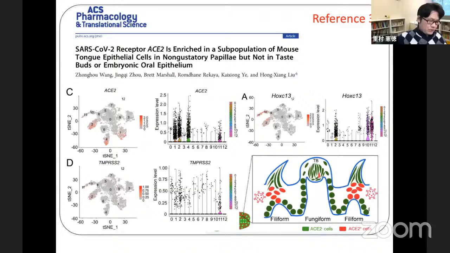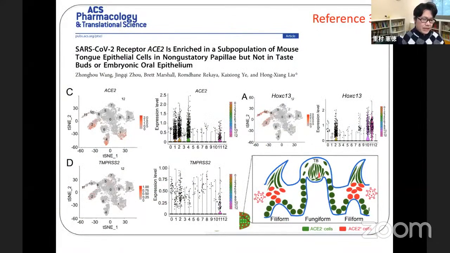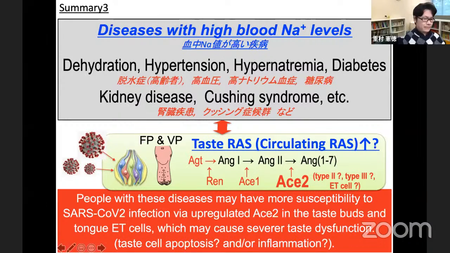So SARS-CoV-2 can directly bind and infect the taste cells via ACE2. This is the last slide. It's known that dehydration, hypertension, hypernatremia, diabetes, kidney disease, and Sjogren's syndrome exhibit high blood sodium level.